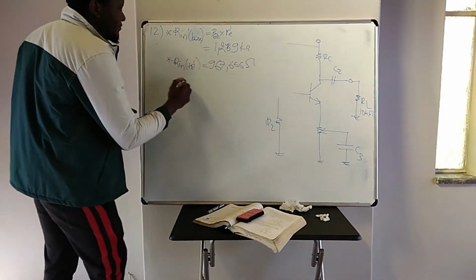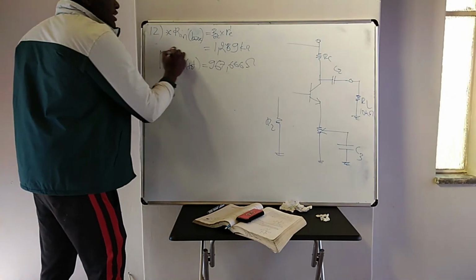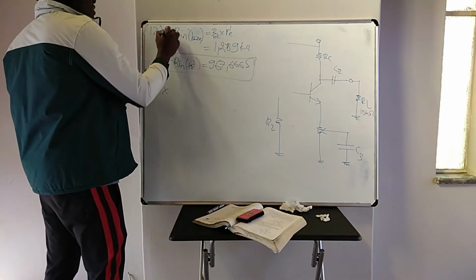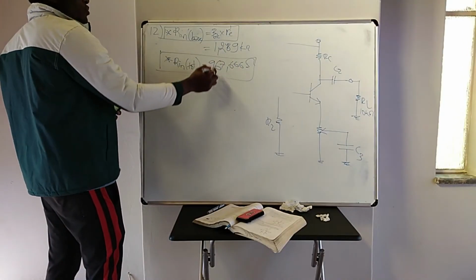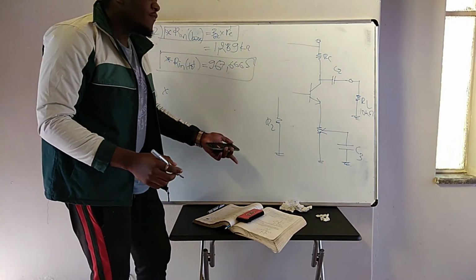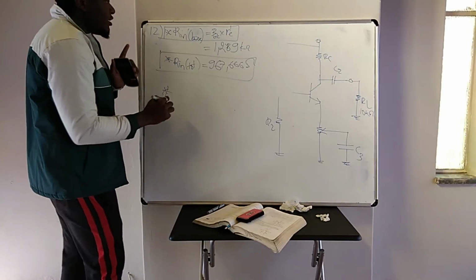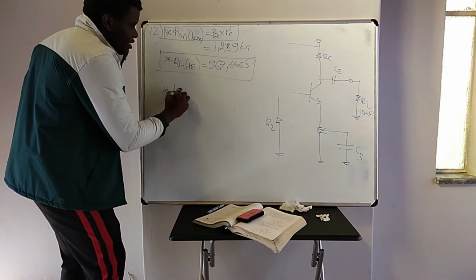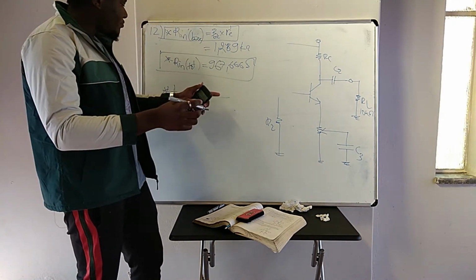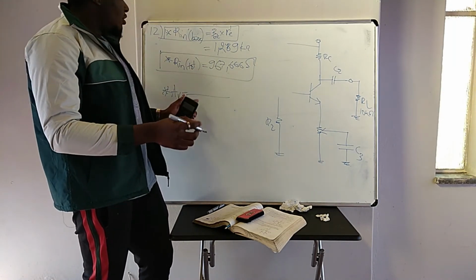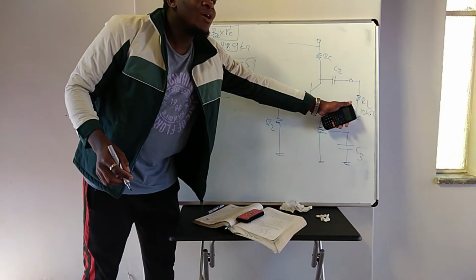You can see this thing doesn't change. R in total, R in base doesn't change. Same value as in question number 11. But what will change here is the voltage gain, because what we have now is RC and we have the load.